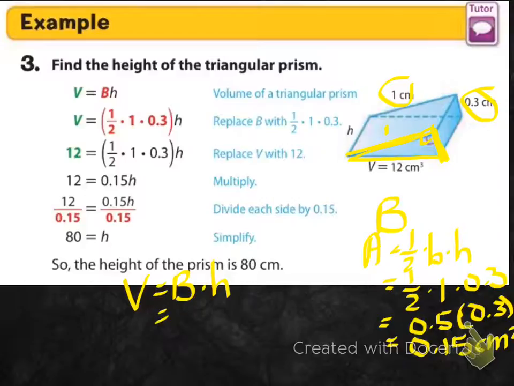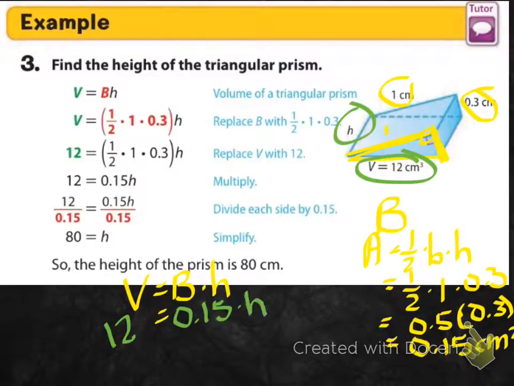We have the volume is 12, because that's what they gave us right here. We have the base, which is 0.15, and the height is actually the dimension that they didn't give us, so that's times h.